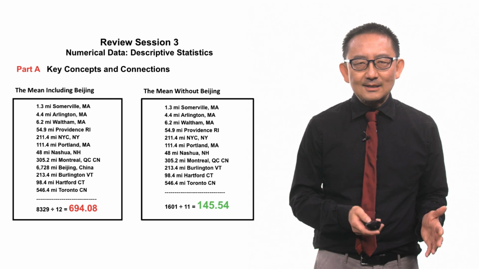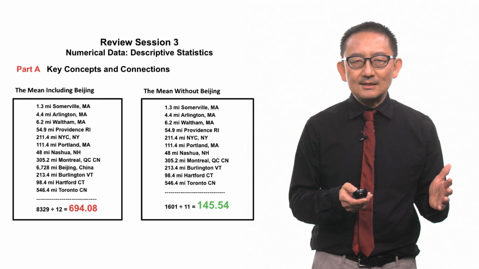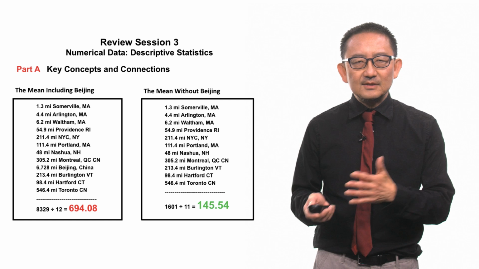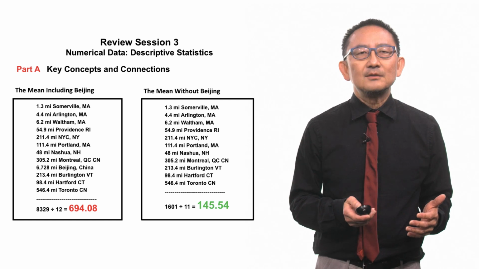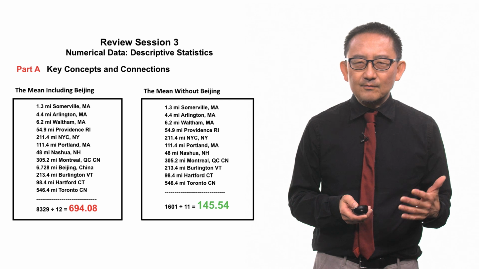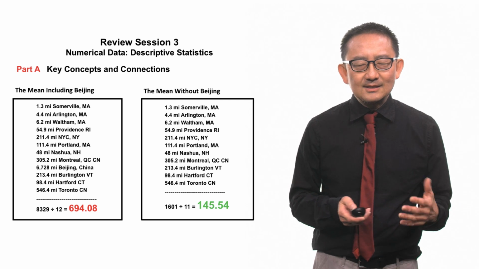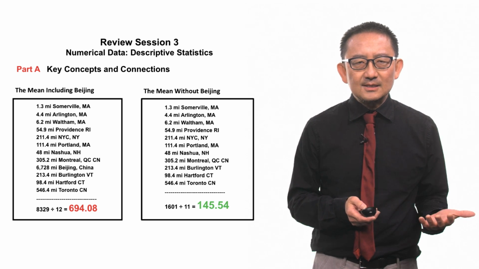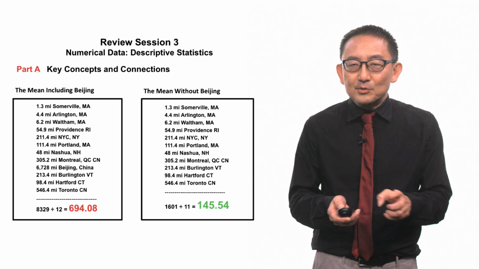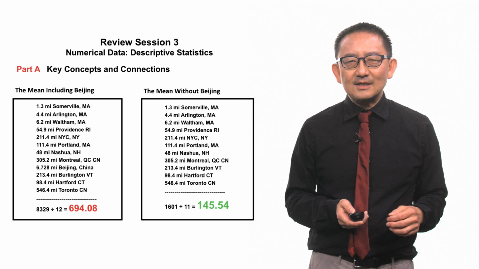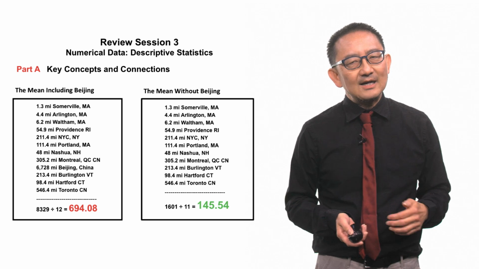Let's take a look and compare the averages, the means of the two groups of numbers with and without Beijing. You'll notice that with Beijing, the average is 694 miles roundabouts. And when we remove Beijing, we have a distance of 145.